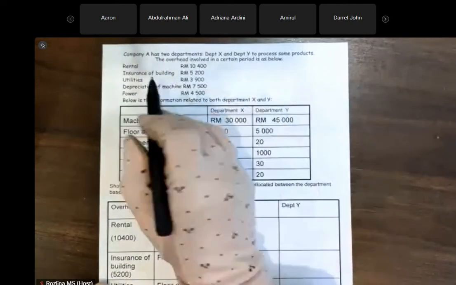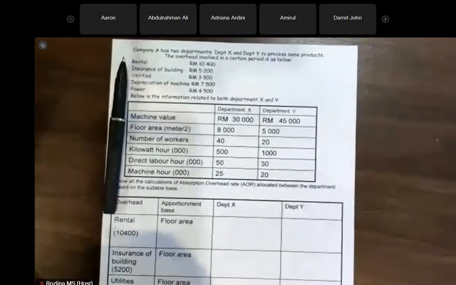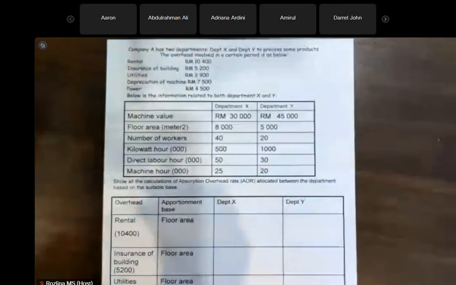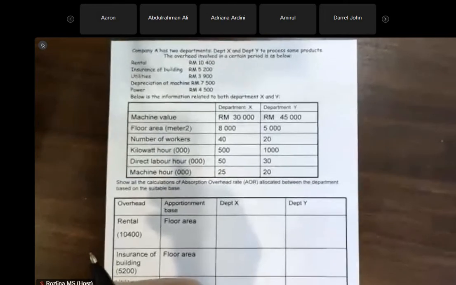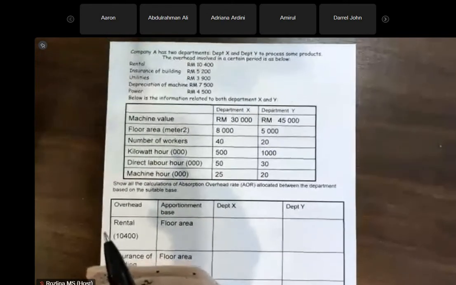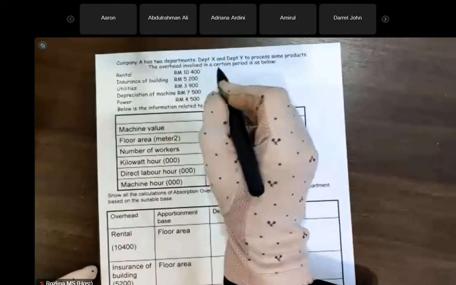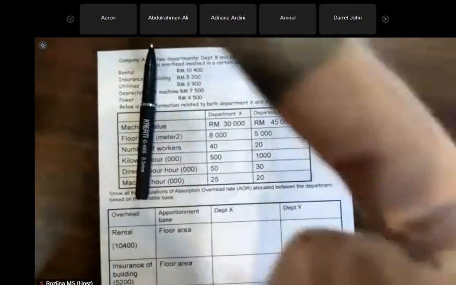Okay, let's see. Company A has two departments, Department X and Department Y. Sorry, there is an echo in my voice.